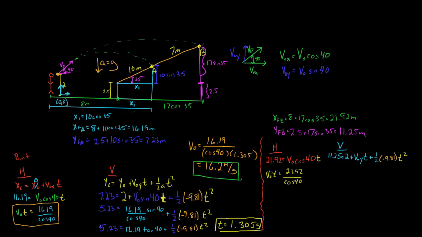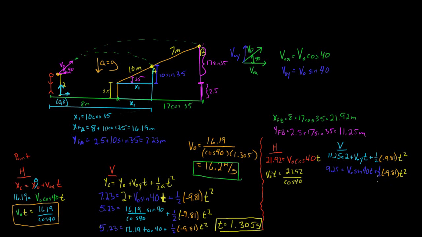And substituting in our different variables, we get 9.25 is equal to v naught y, which is v naught sine of 40, so v naught sine of 40 t plus 1/2 times minus 9.81 times t squared.